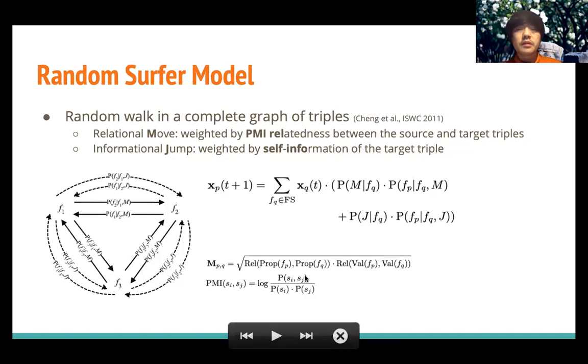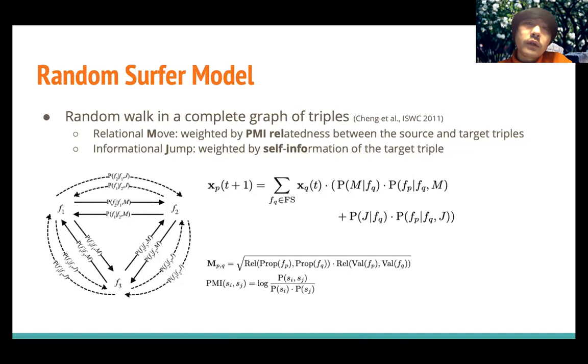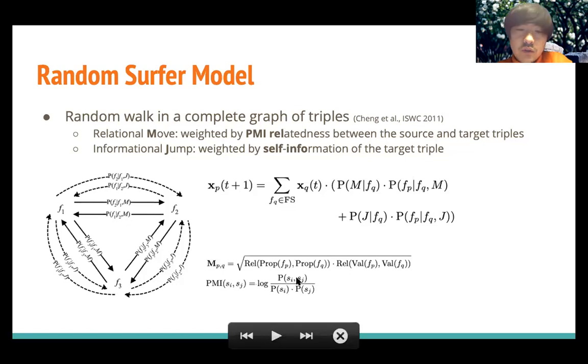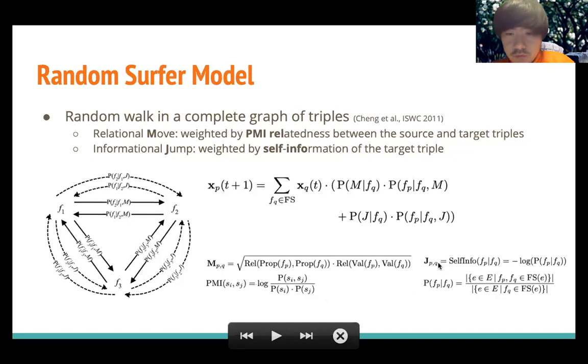So basically we submit these two strings to a search engine like Google, and then we look at how many results are returned for these two strings collectively and also separately, so that we can know their relatedness to each other. And for the probability of jumping to a target triple, we compute the self-information of the target triple.